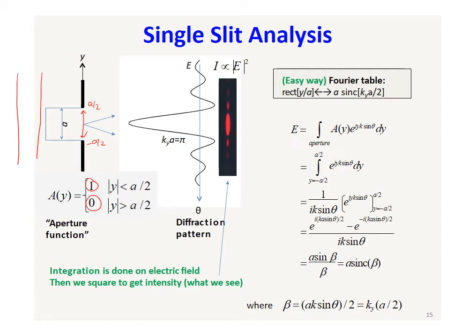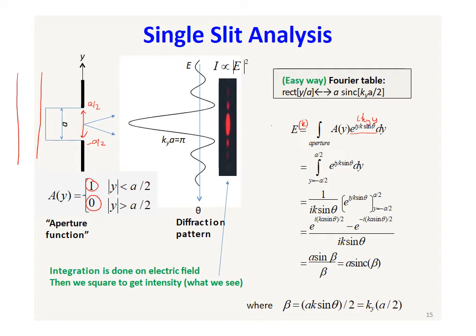So now let's take the Fourier transform of that to work out our electric field, which is a function of k. To do that, we multiply our aperture function by e to the i k y, or equivalently i y k sine theta, and then integrate it in the y direction over the aperture.